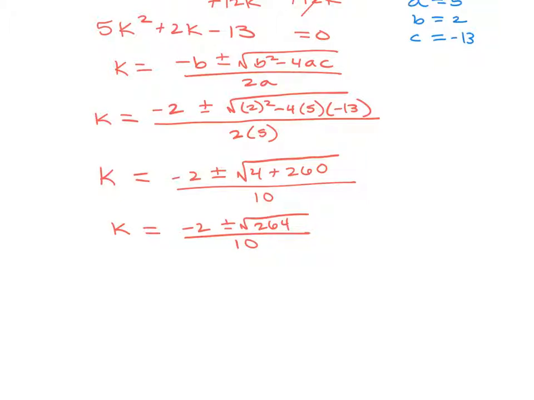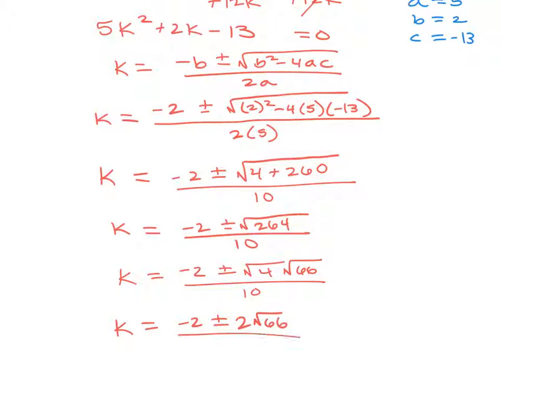And there's a perfect square that multiplies into 264. So I'm going to think about what perfect square might multiply in. I might try 9, or I might try 4. And 4 does work. So I could rewrite that as the square root of 4 times the square root of 66. And that will help me because now I have negative 2 plus or minus 2 root 66.